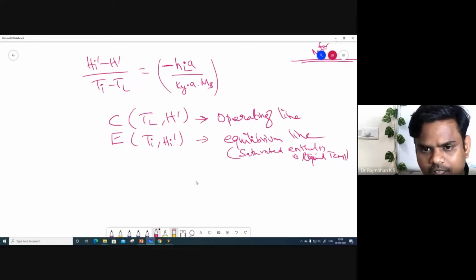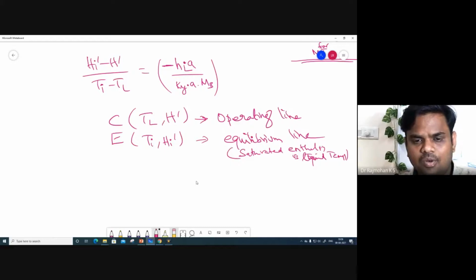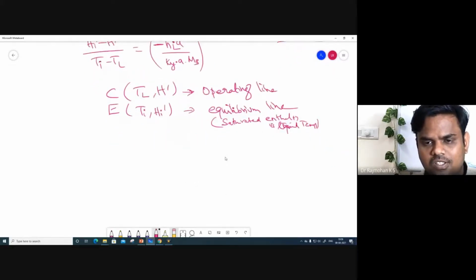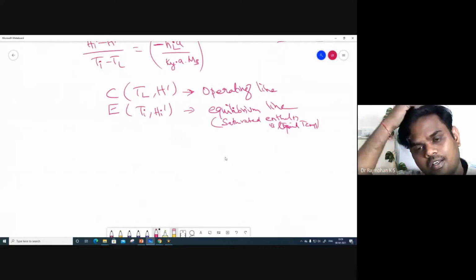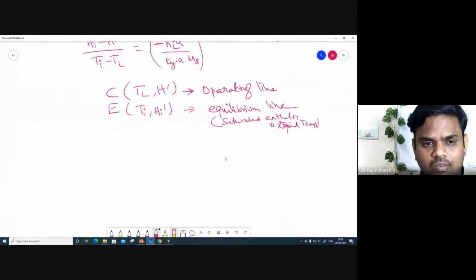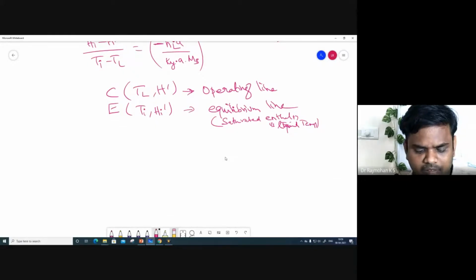So this line will lie between the operating line and the equilibrium line for the film mass transfer coefficient, that is small k. If we consider the overall mass transfer coefficient, this CE will be vertical.